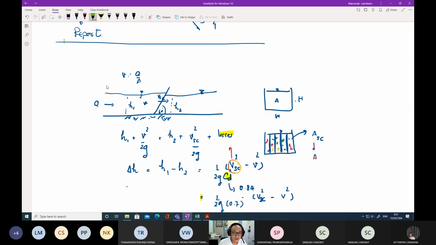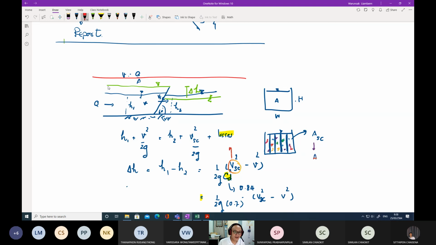At the end of the operation, you will see something like this. Water levels in front of the screens will increase while water levels behind the screens decrease, so this delta H, the difference, keeps on increasing. This is the only issue associated with the screens. If we provide a freeboard, the water level cannot overflow beyond these levels.